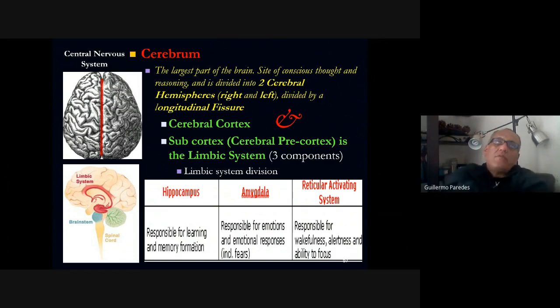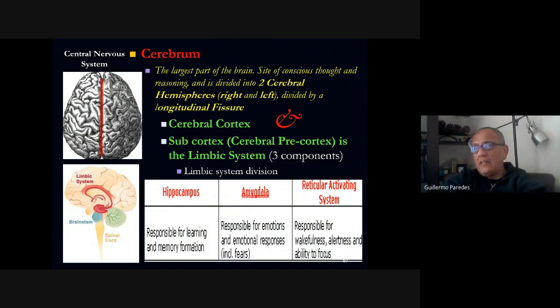So the hippocampus: when you hit your brain, don't you sometimes see these cases where they lose the memory? Yes. So there is loss of memory because most likely the temporal lobe was affected.